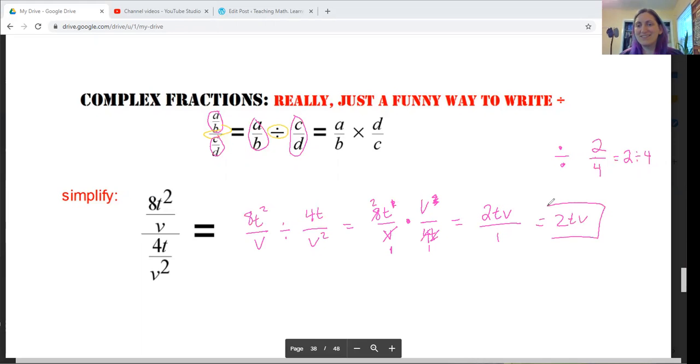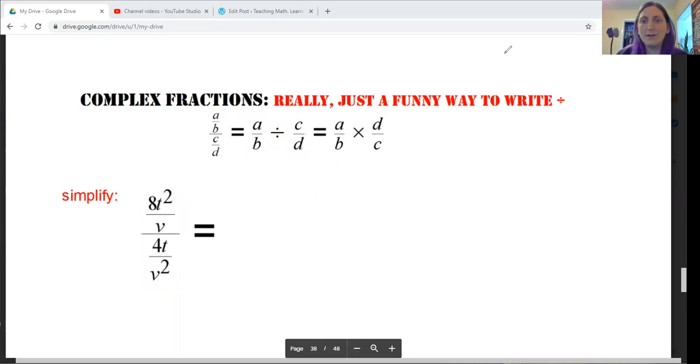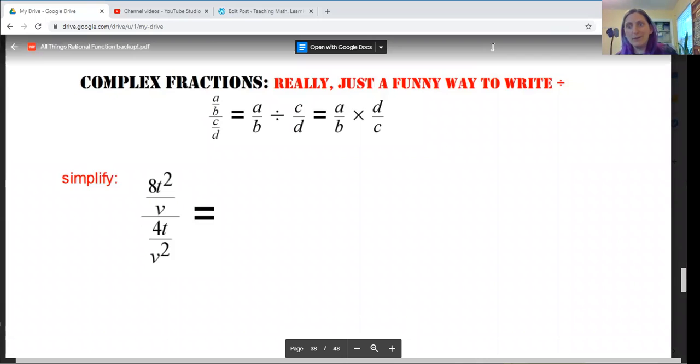Look at that. You just need to break it down into, where's the bar in the middle? Here's the first fraction divided by your second fraction. Keep, change, flip. Multiply by your reciprocal, and you're good to go. You know, I always say this right before it gets a little more complicated.